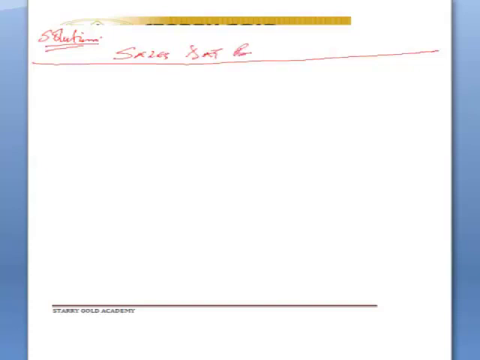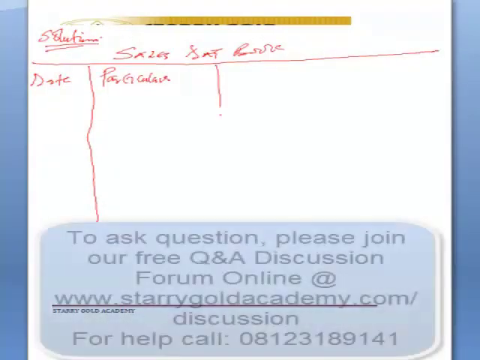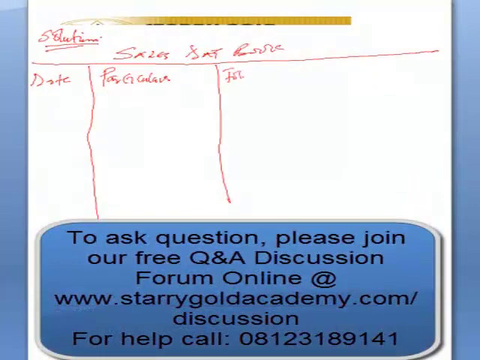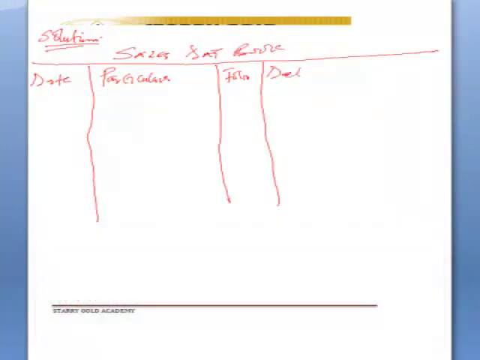So let's quickly solve that. This will be the solution. Our specimen is this: sales day book. We have date, particulars, folio, details, then we have total.